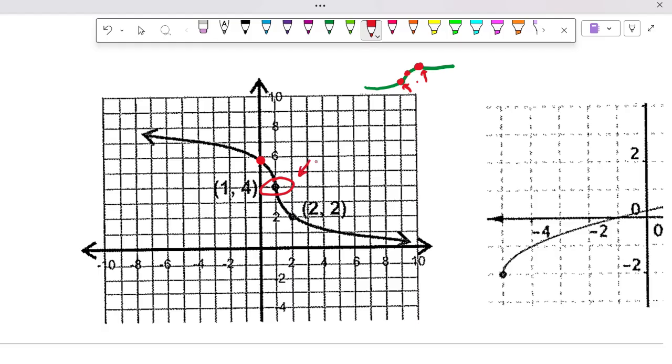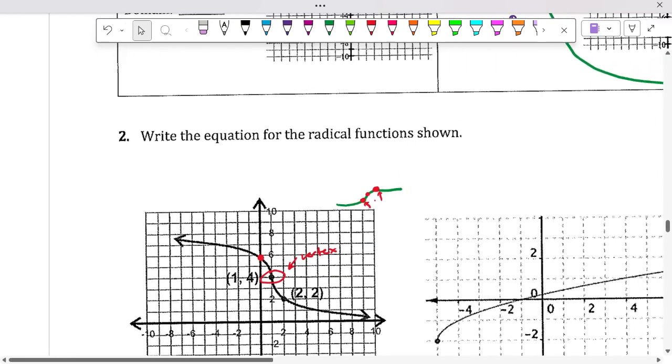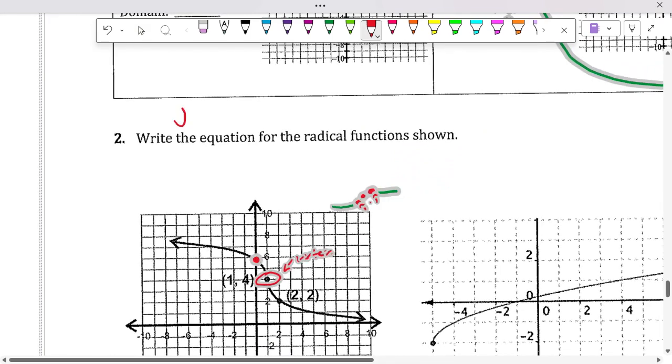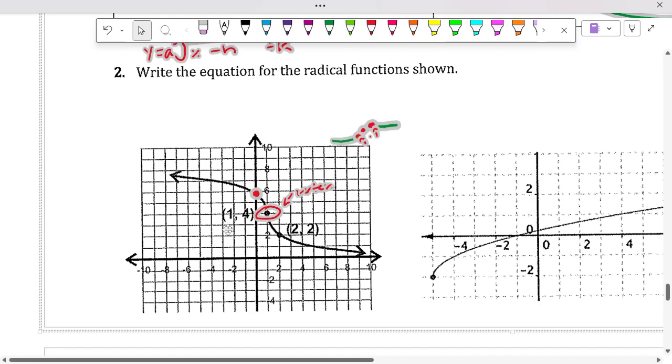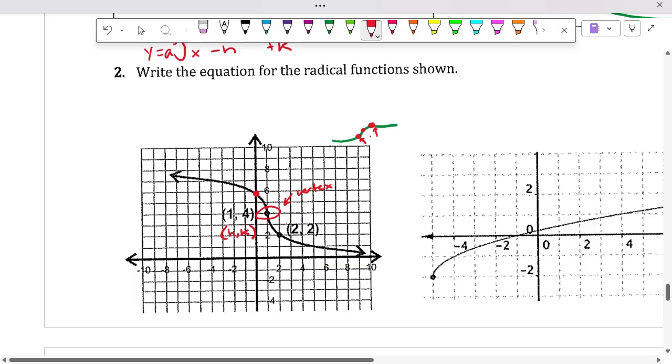So this is our vertex, and then the other point was just a point that they gave us so we can find the A value. Remember, with a cubic function, we always start with a times the cube root of x minus h, plus k. So (1, 4) is our h, k.